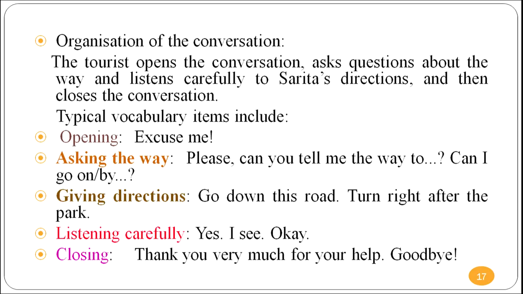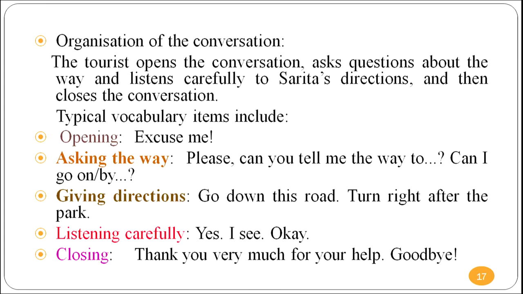Look at the conversation's organization. The tourist opens the conversation, asks questions about the way, and listens carefully to Sarita's directions, and then closes the conversation. Typical vocabulary items would include opening, "Excuse me," asking the way, "Please, can you tell me the way to dash dash dash? Can I go on foot dash dash dash?"